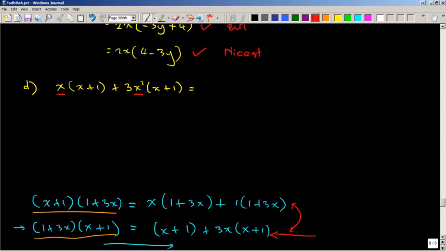Okay. Yes. I tried doing it, then I got x squared plus 3x cubed plus 3x squared plus x. Hold on, I don't know how to write it. Okay, can you read to me again? What is that? X squared plus 3x cubed. X squared plus 3x. Lagi? Cube. Cube.